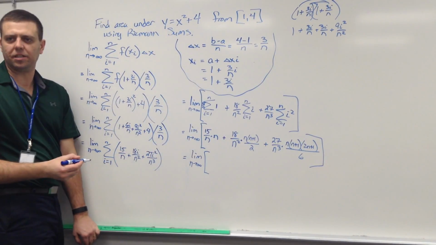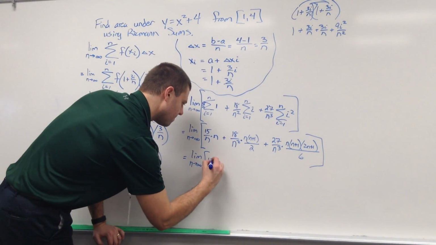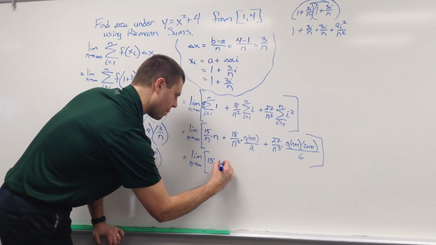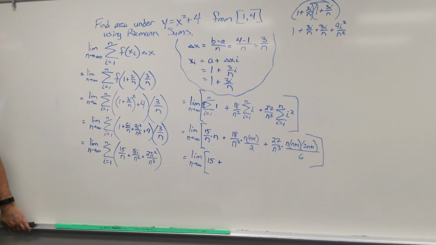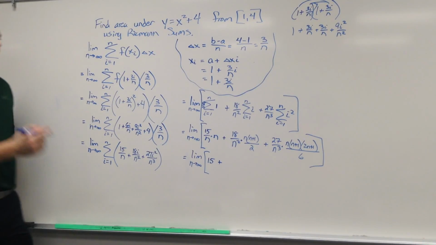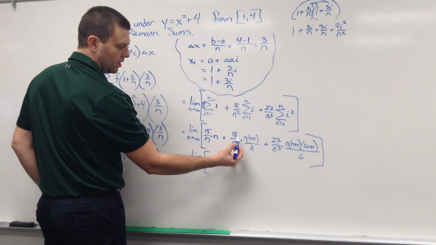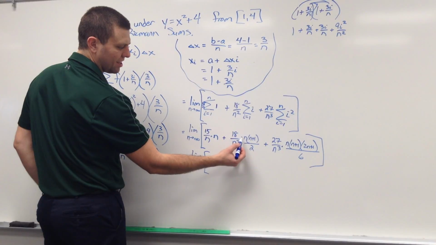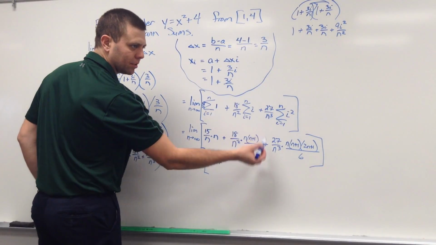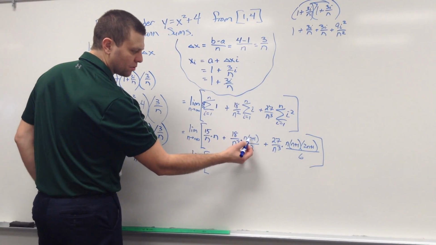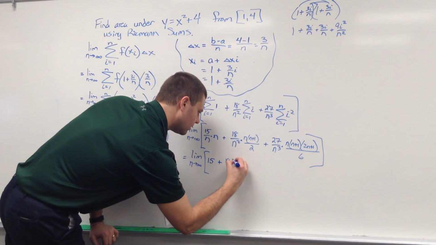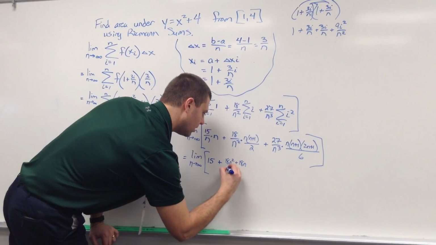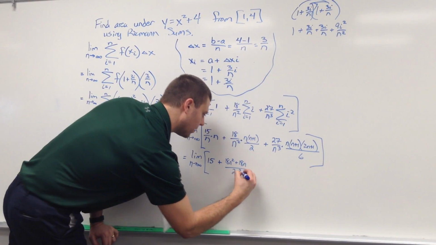15 over n times n is 15. Essentially here I'm just distributing the 18n to the n plus 1, so 18n squared plus 18n, all over 2n squared.